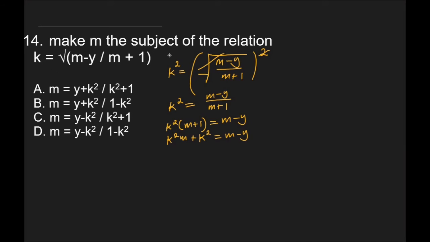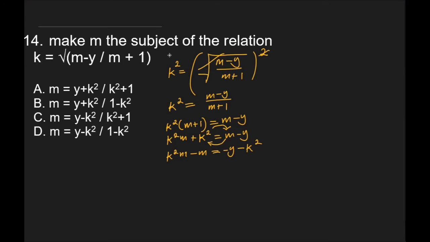Remember, we're asked to find m, so let's bring the like terms together. That will be k squared m. If m comes here, it becomes minus m. Now equal to minus y. If k squared comes here, it becomes minus k squared.